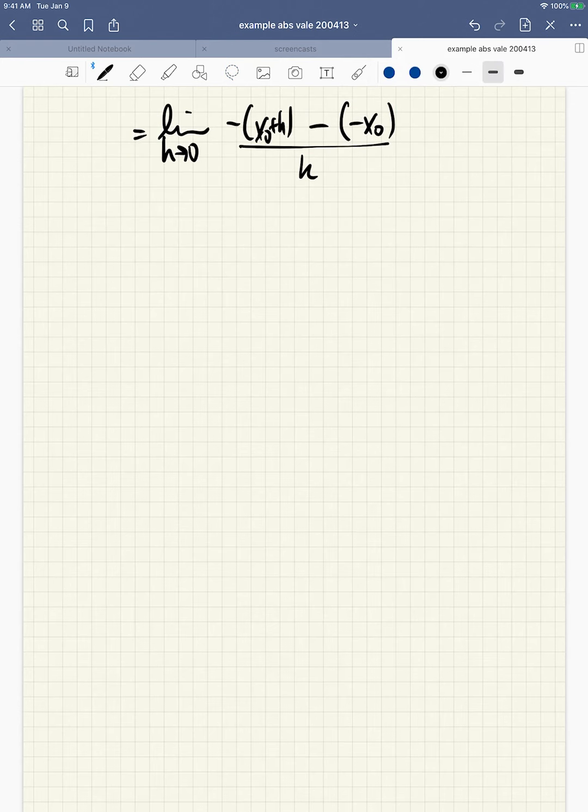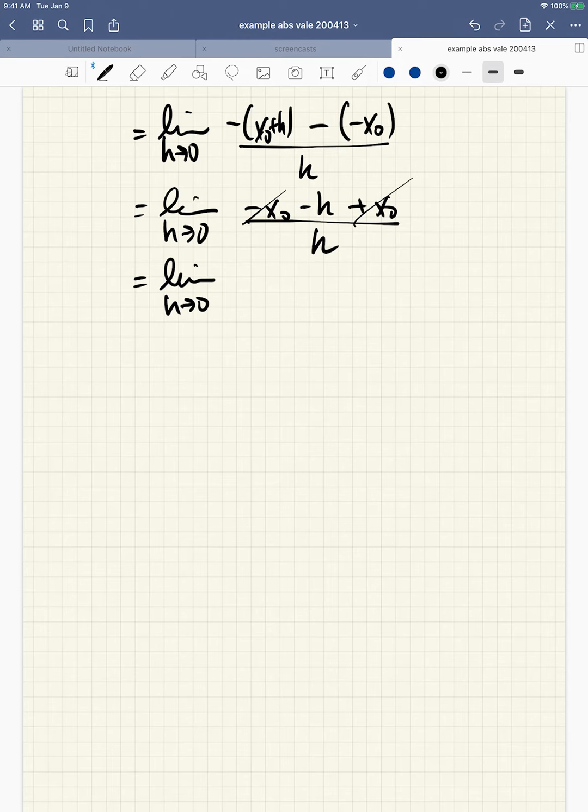And continue our work. So let's distribute the minus signs. And there you can see that these x naughts are going to cancel, and we're left with negative h over h. And h over h is 1, so we get a negative 1. And the limit of a constant is always the constant.